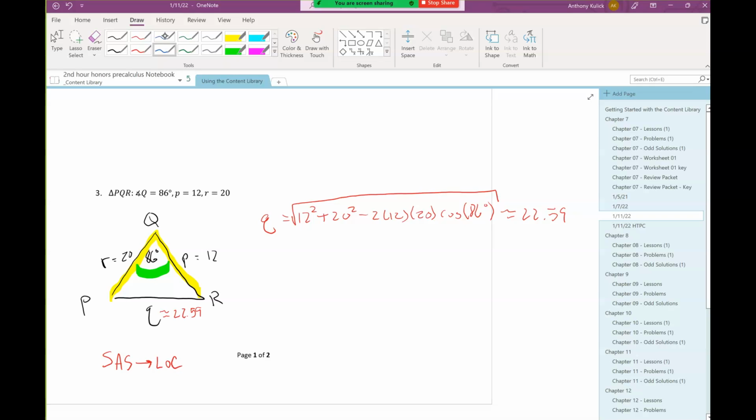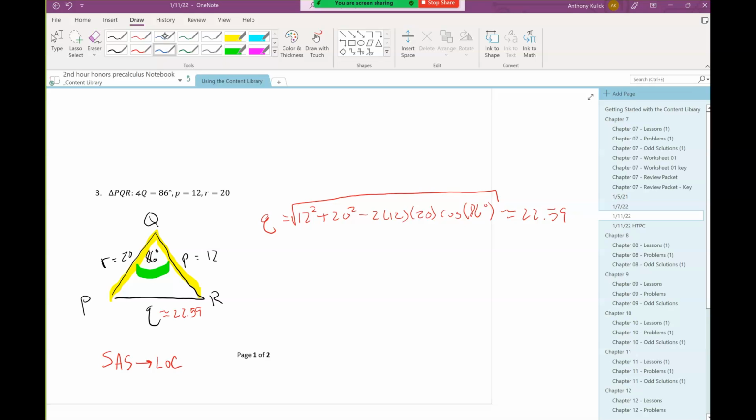To keep things as least complicated as possible, I want to find the smaller of those two angles first, but I don't know what either of them is. How do I know which one is smaller? Look at the opposite side lengths. Side lengths and angle measures are proportional. Which side length is smaller, P or R? P. So that's the angle I'm going to find first.